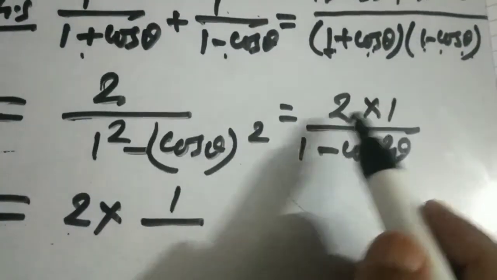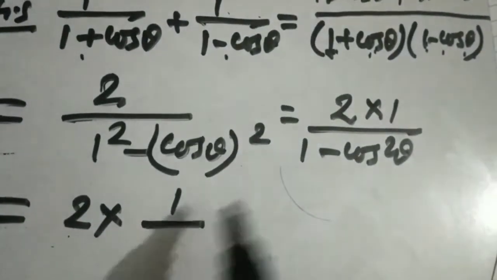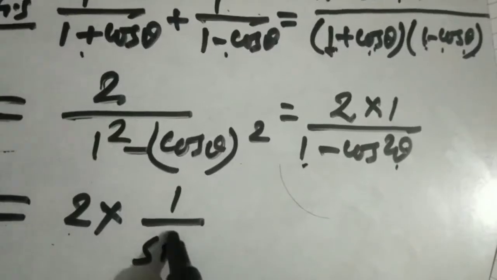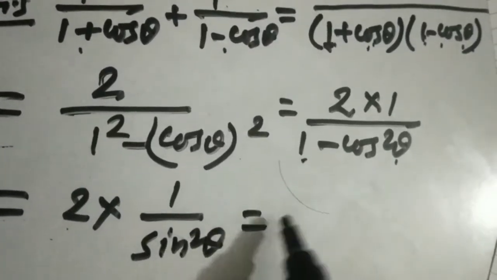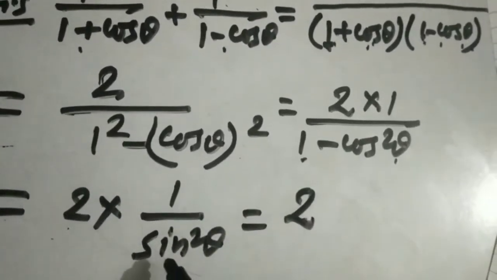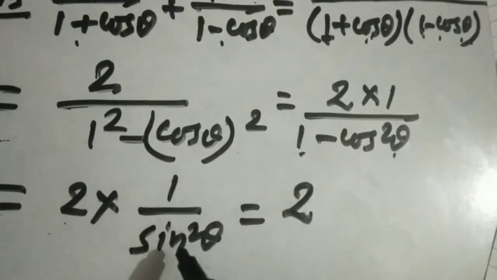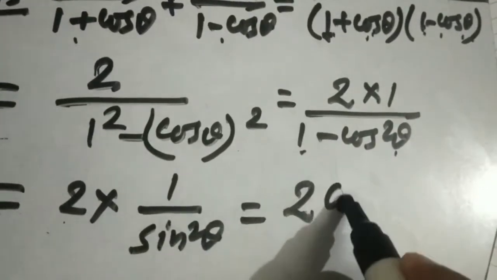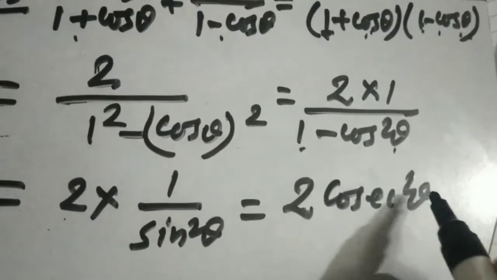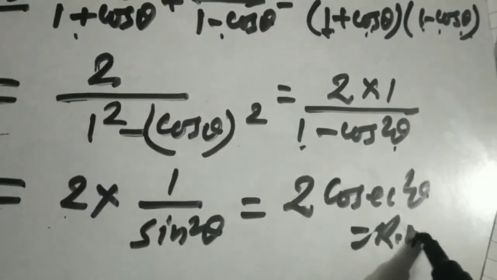So we can write it as 2 multiplied by 1 upon 1 minus cos square theta, which is sin square theta, and 1 by sin is equal to cosec, so 1 by sin square theta will be equal to cosec square theta, which is equal to RHS, proved.